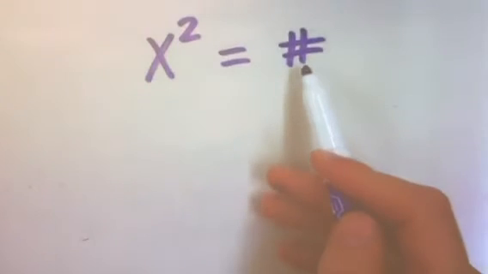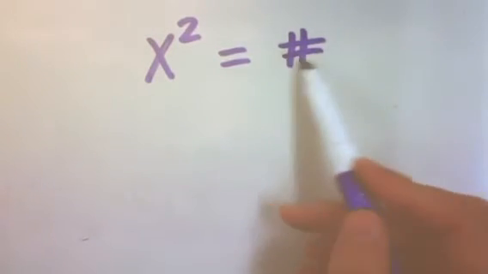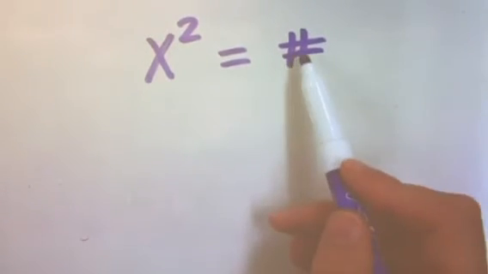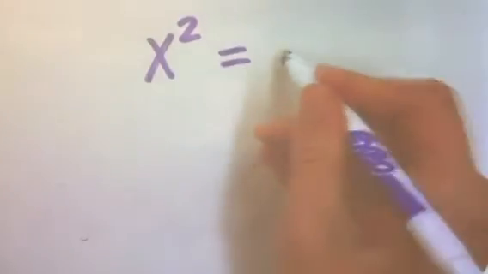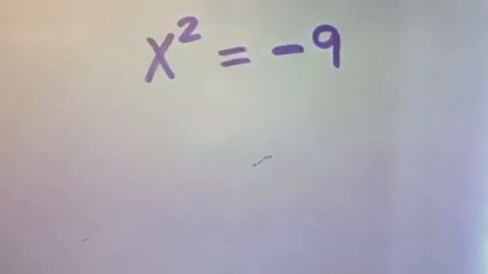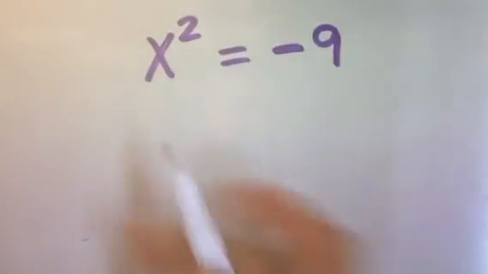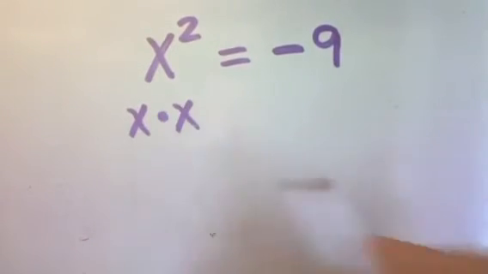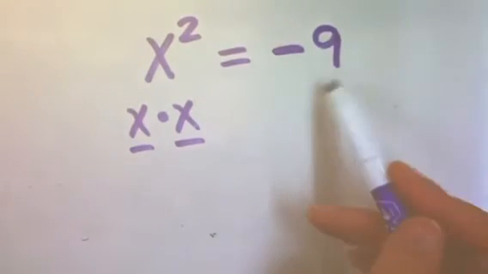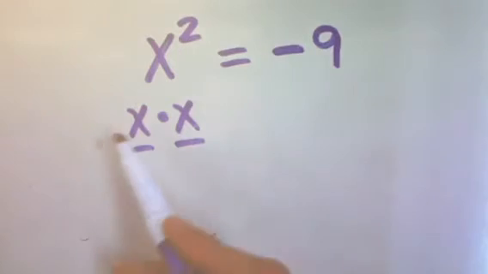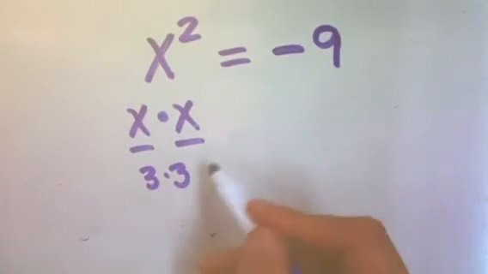So x squared equals a number could be two solutions if that number is positive. Could be one solution if that number is 0. What about a number here where x squared is equal to negative 9? Let's think about this. We're multiplying something times itself. What times itself equals negative 9? The only way to multiply a number times itself is 3 times 3, but that would be positive.